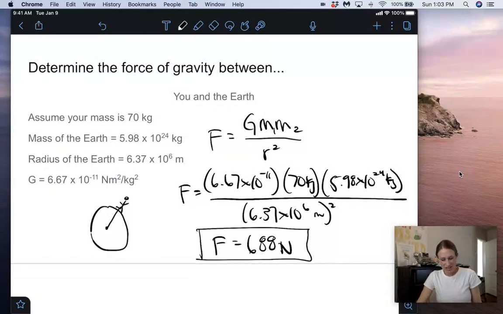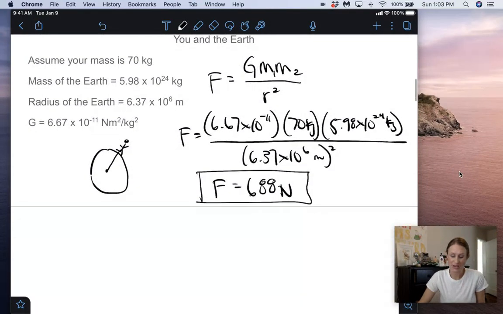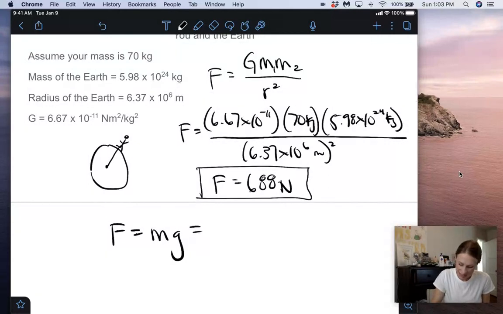Now, this is 688 newtons. Of course, we're talking about our force of gravity, which in other words, we can say is our weight on the Earth, right? So the quick way to do this is force is equal to mass times the acceleration of gravity. Mass in this case, your mass, we're saying is 70 kilograms.